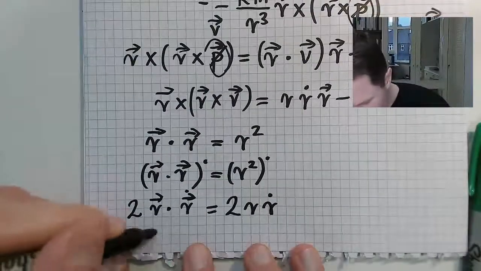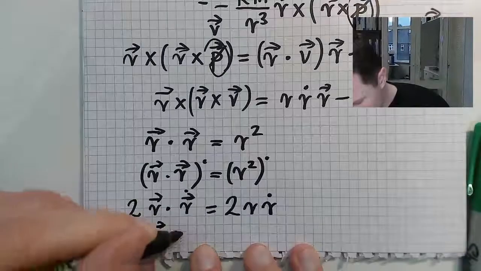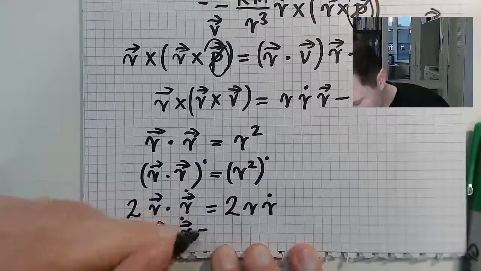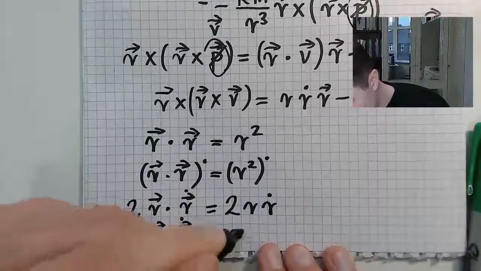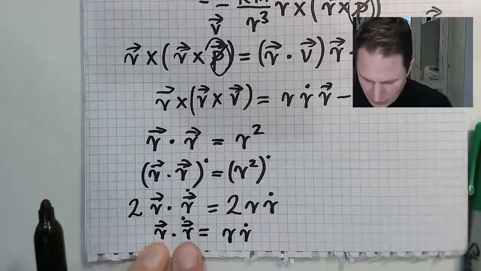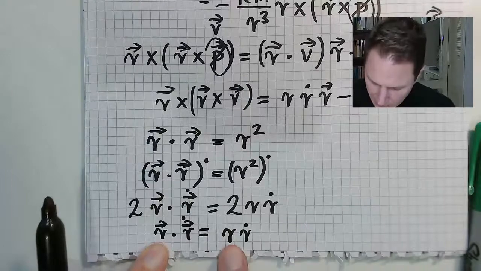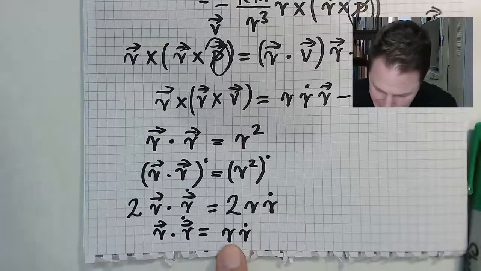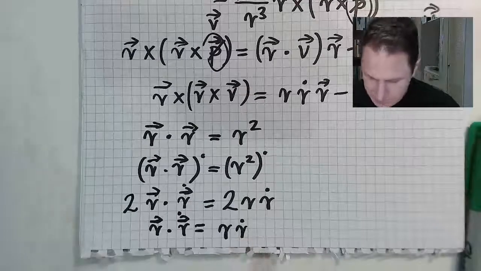So if we get rid of the factors of 2, we get this nice equality of the dot product of the position and velocity vectors to be the product of the distance and the speed.